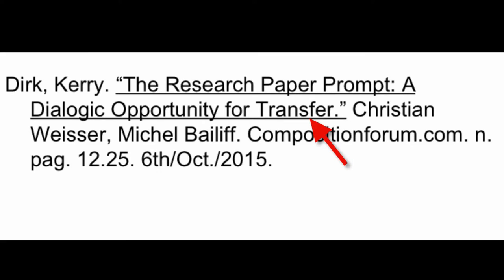The first error is that the title is underlined. It's an article in an online journal, so quotations are enough to indicate that that's what that is. Secondly, we don't need the editor information.